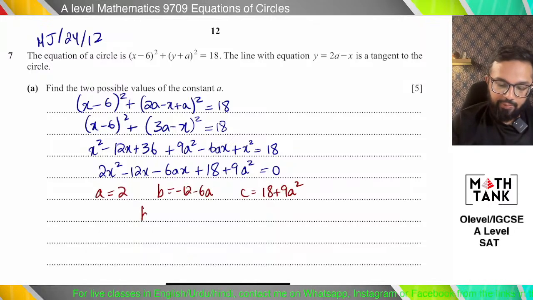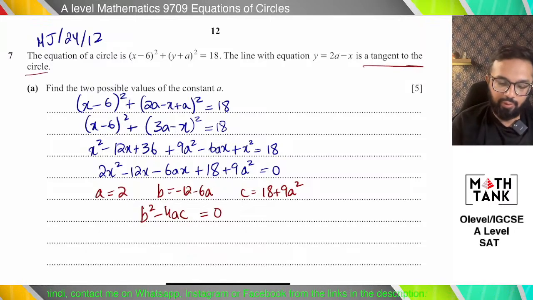Okay, so b² − 4ac, because I've just told you that it's a tangent to the circle.